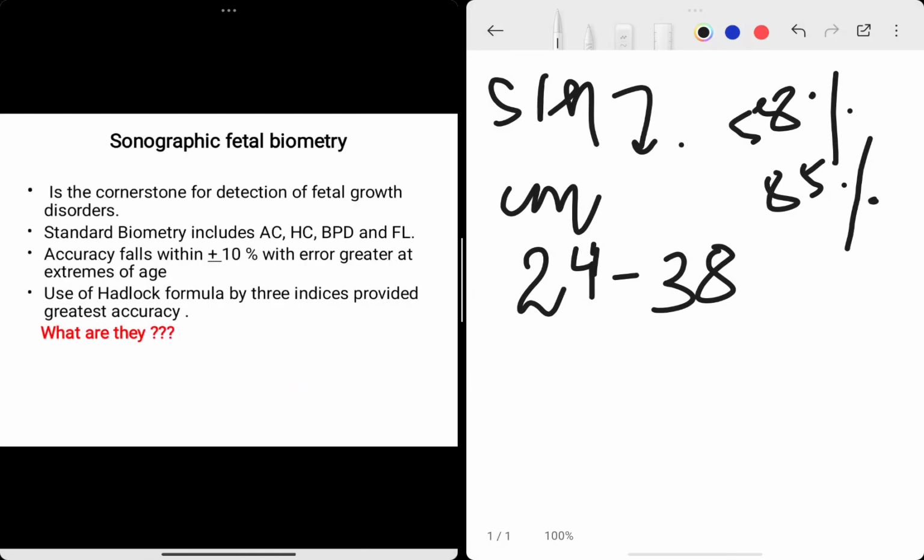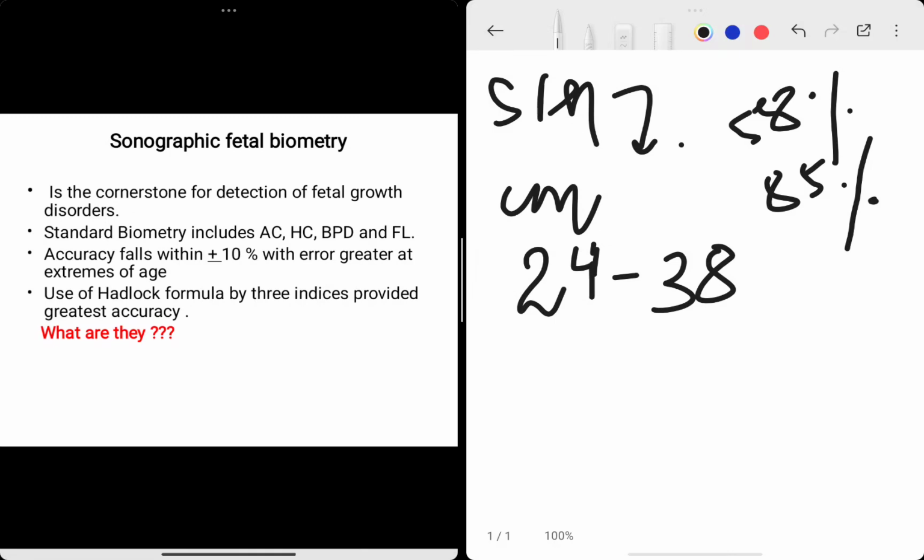So 3 parameters we use for this. What are these 3 parameters? I am telling you what are these parameters. So what is the Hadlock formula?